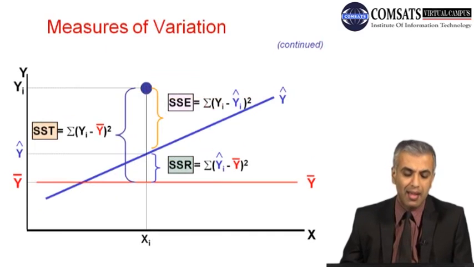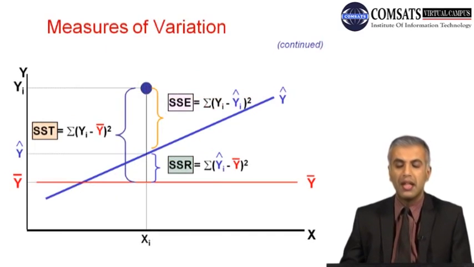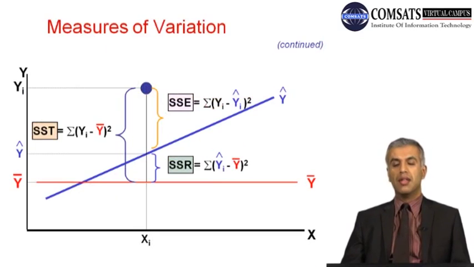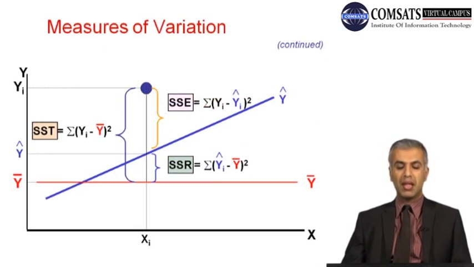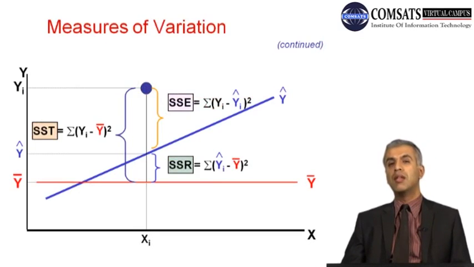Then we discussed the layers of variation, and again we discussed what we mean by SSR and what we mean by SSE here, and how we can calculate the total sum of squares.